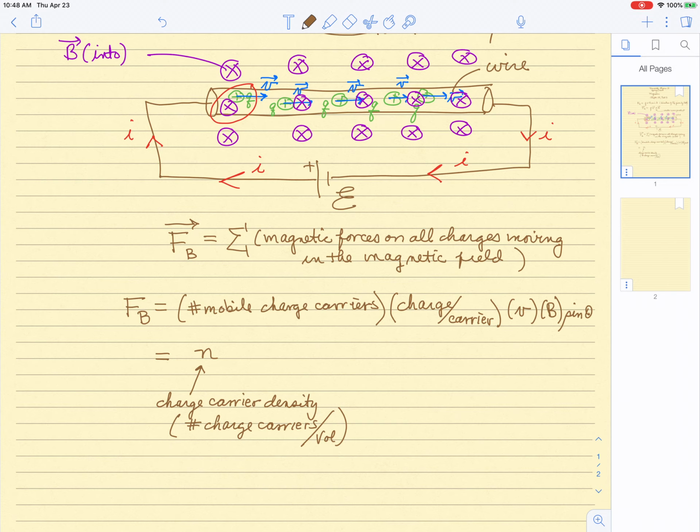So then we're going to have to multiply by the volume here. This will be the volume times the charge per carrier. That will be Q, right? That's going to be the charge per carrier, times V, times B, times the sine of theta.